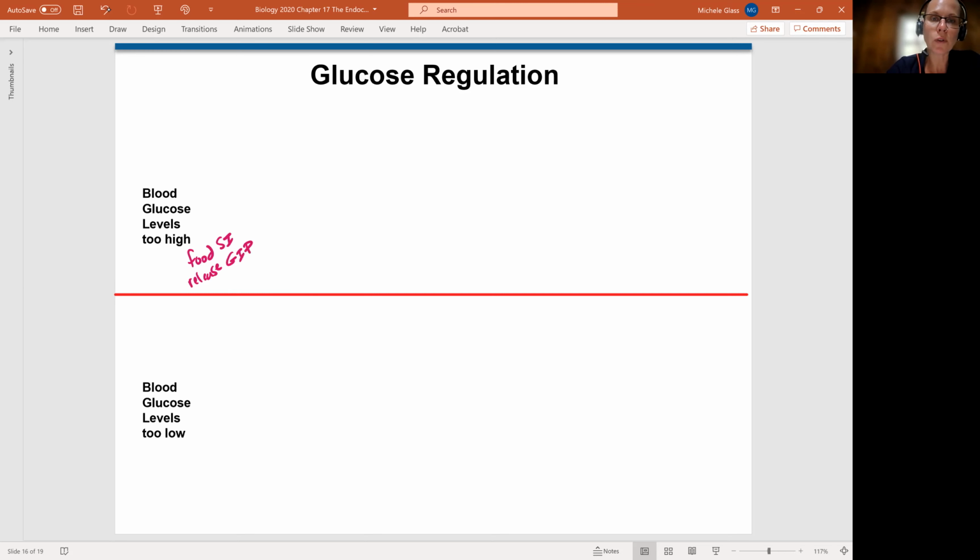And when we get the food in the small intestine, really what that's telling the body is we're getting ready to flood the body with glucose.